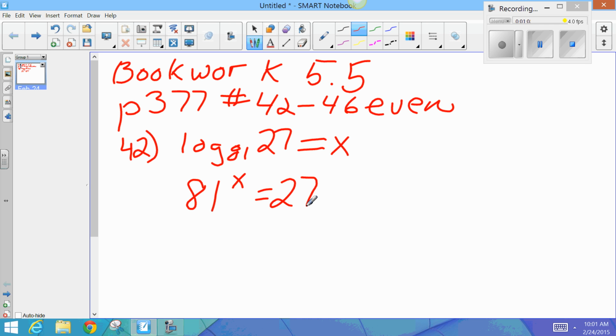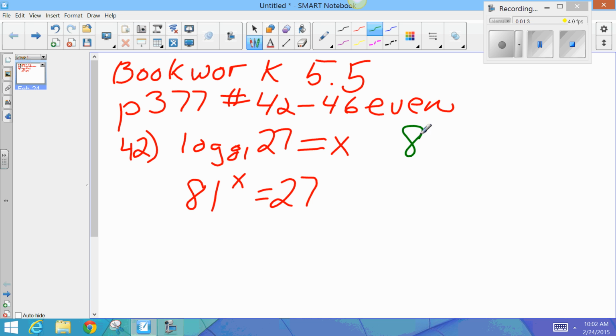Okay. Now, when I see it in this form, I notice two things. Both 81 and 27 are powers of 3. And that's real important. A lot of times when we're doing these, it all breaks down to factoring them into their prime factor. So let me show you how that looks.